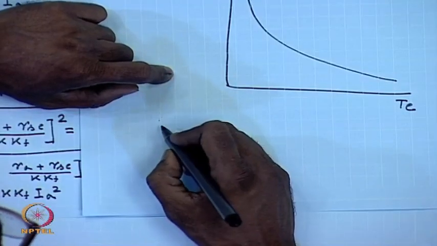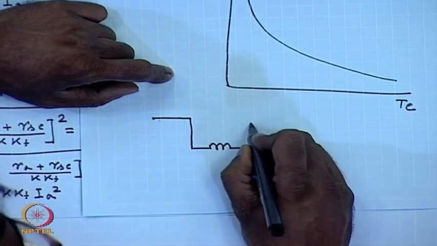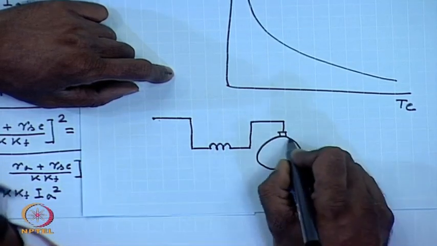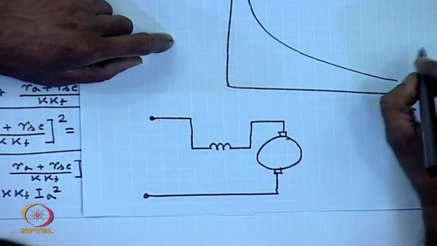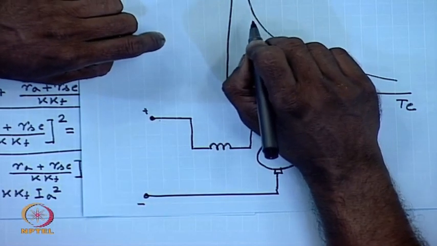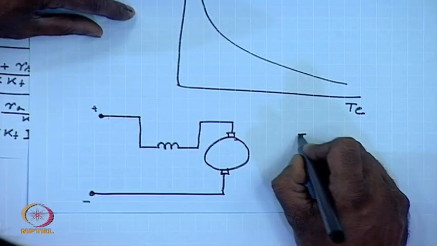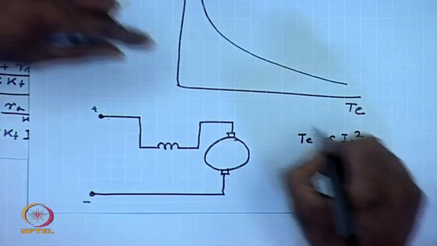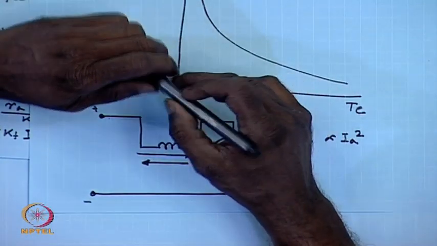In other words, it is not possible, unlike a shunt motor, in a series motor, reversing the armature voltage polarity does not allow the motor to run in the reverse direction, because since torque is proportional to Ia square, whether current flows in this direction or in this direction, it produces motoring torque only.